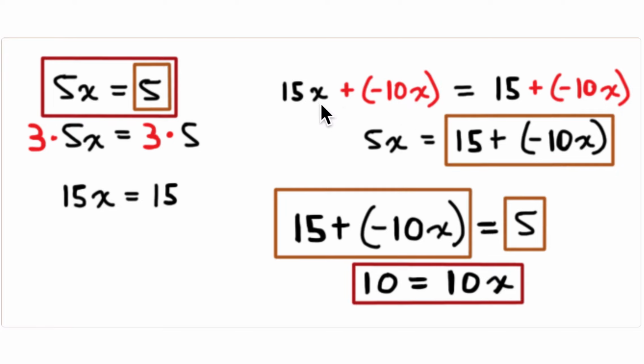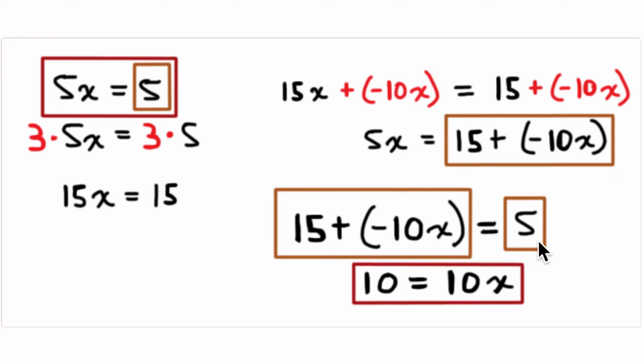So I'm going to end up with 5x equals 15 plus a negative 10x. Again, kind of a mess, but I have these two groups of a negative 5x here. And the same idea as before, 5x equals 15 plus negative 10x, 5x equals 5. So that means that this 15 plus a negative 10x equals 5.